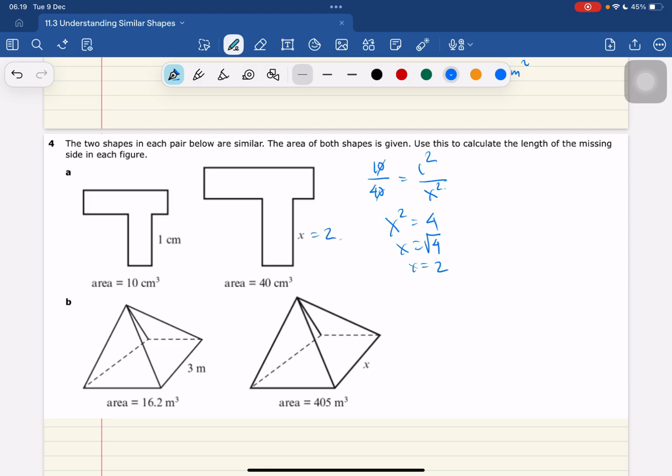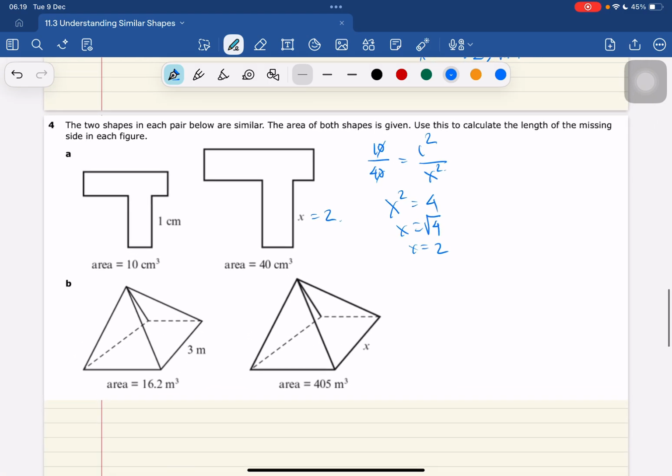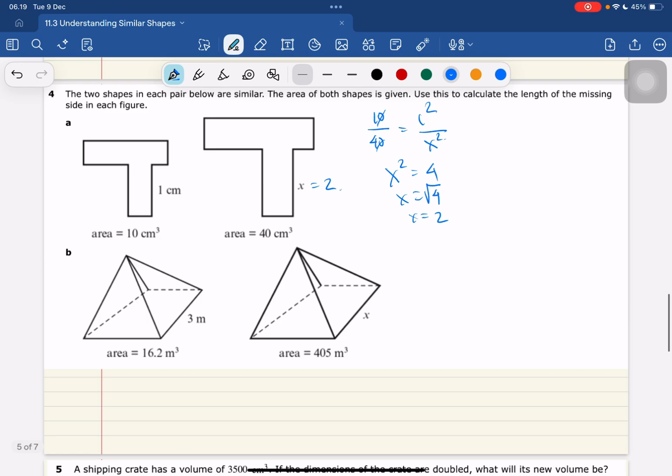Here also 2. Now it's three dimensions. If it's three dimensions, we use the power of 3, or cube. So the first is 16.2 over 405 equals 3 cubed over x cubed. This is 16.2 x cubed over 9 cubed, and 9 cubed is 729.